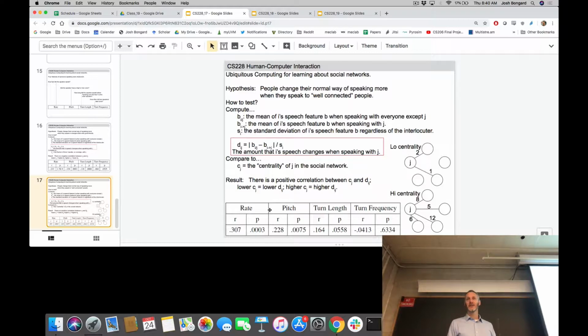Exactly. Central somehow, according to our weighted social network here. So the way that they speak, the rate and pitch change more for grad student I when they are speaking to someone that has high centrality. What would that mean? Are you surprised by that result?